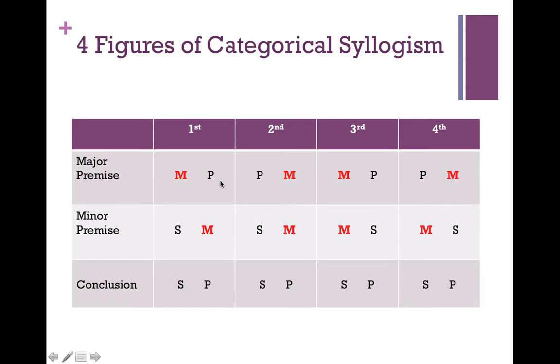And the way I kind of think about this is it's kind of like a W. I don't know if you can see that. It's kind of a bad W, but that's the way I always remember. The first figure is the easiest for me to remember: you kind of start in the subject term, if the middle term's in the subject term, and you go down diagonally, and then you go straight up.